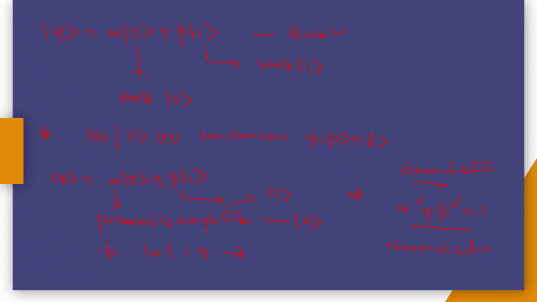Alpha and beta are called probability amplitudes. And alpha square plus beta square equals 1 is called normalization.